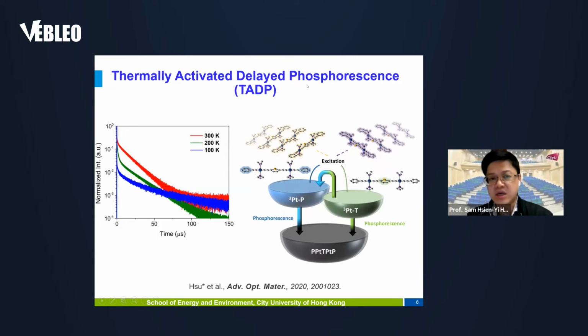This can be determined by time-resolved photoluminescence. So we confirm this interesting platinum acetylide shows thermally activated delayed phosphorescence.